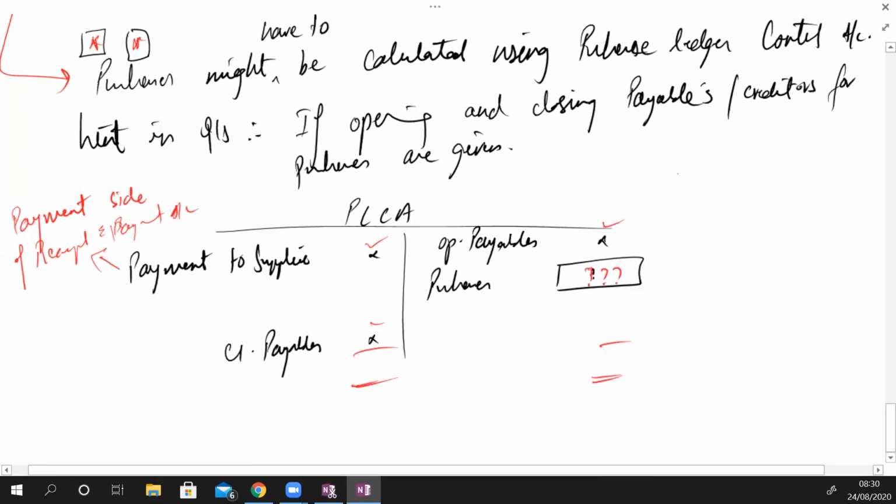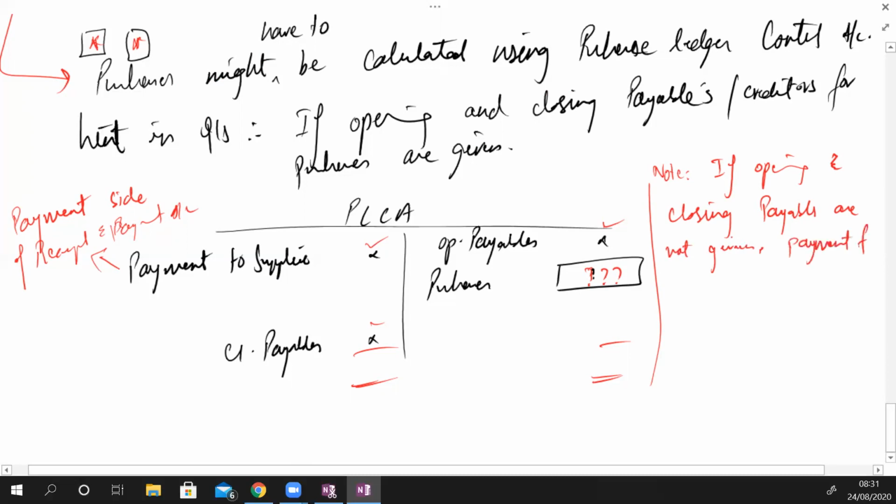ठीक है. अच्छा, एक और इसके अंदर ये है note. If opening and closing payables are not given, payment for purchases is the actual purchase.